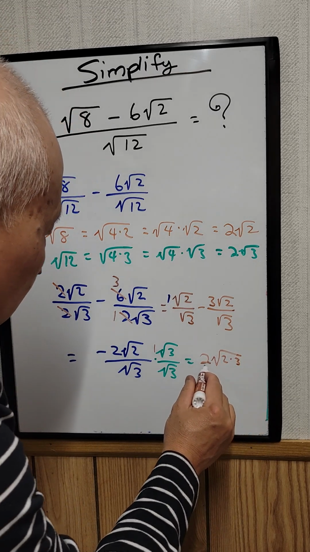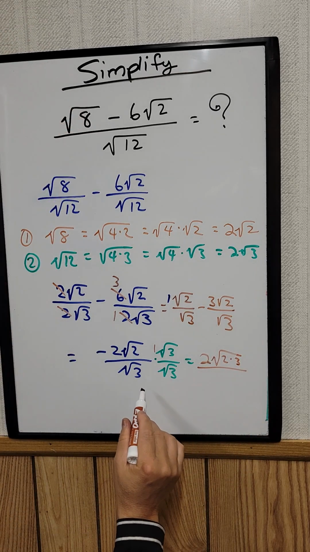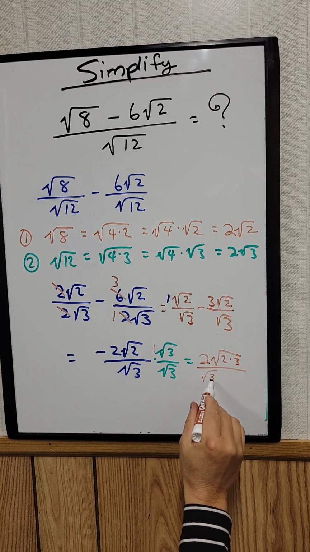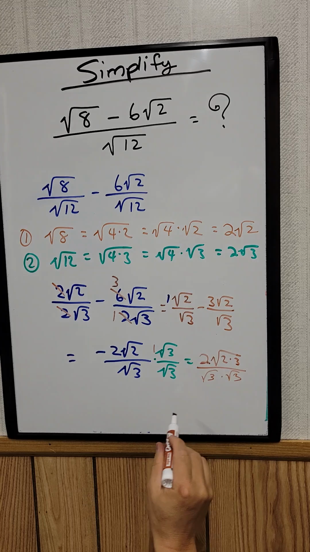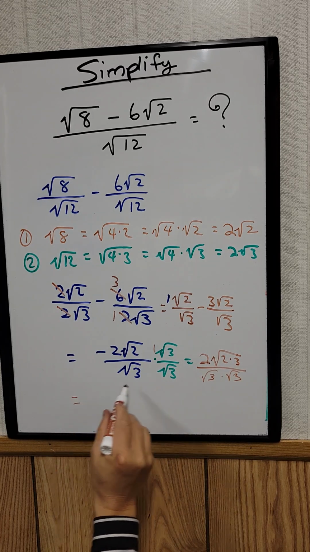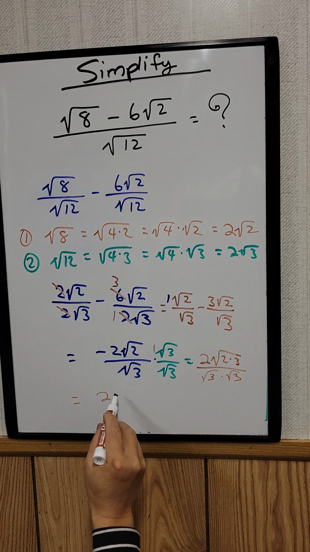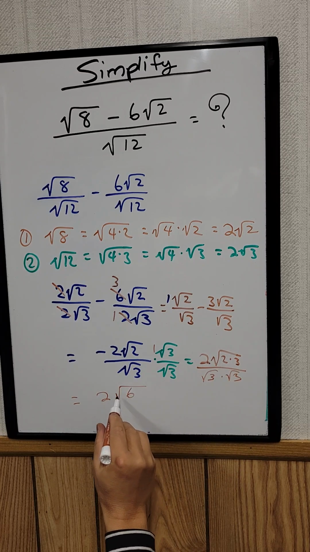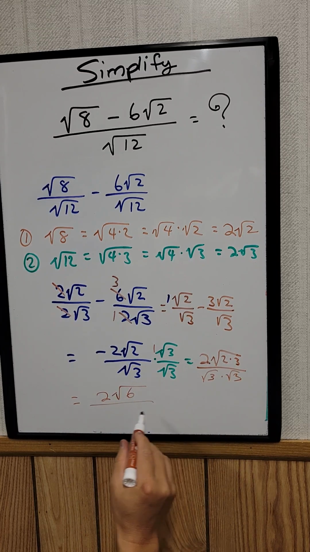Okay, and this one will be the square root of 3 times the square root of 3. So that is equal to 2 times the square root of 6.